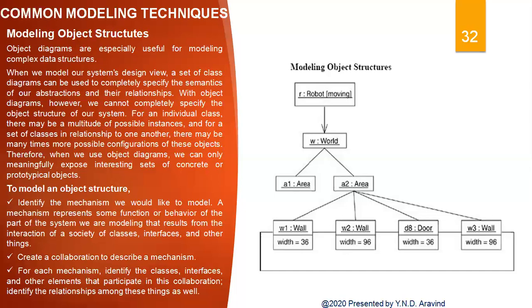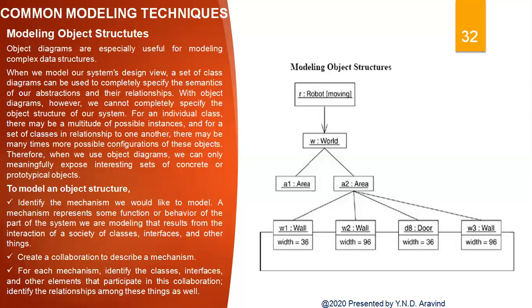For any individual class, there may be a multitude of possible instances, and for a set of classes in a relationship to one another, there may be many times more possible configurations of these objects. Therefore, when we use object diagrams, we can only meaningfully expose an interesting set of concrete or prototypical objects.